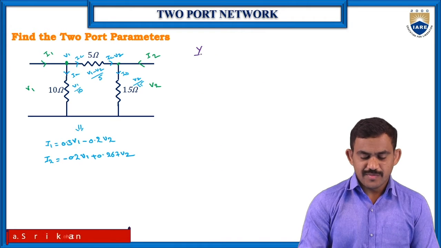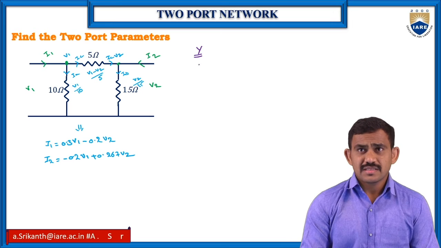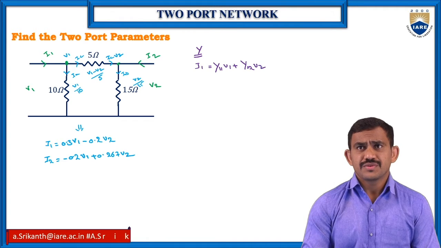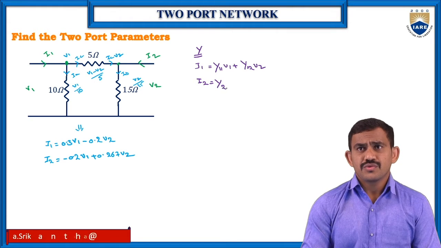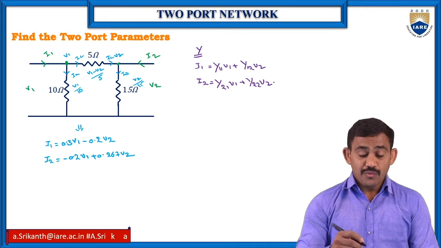Write the equation by Y parameters. Your equations are I1 equal to Y11 V1 plus Y12 V2, and I2 equal to Y21 V1 plus Y22 V2. This is the Y parameter equation.